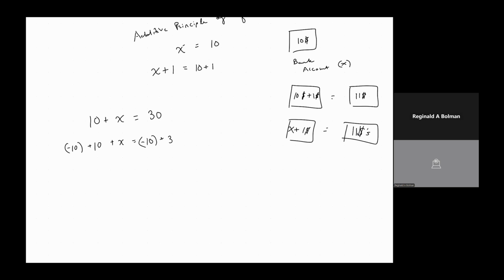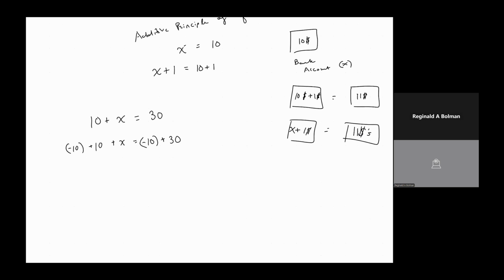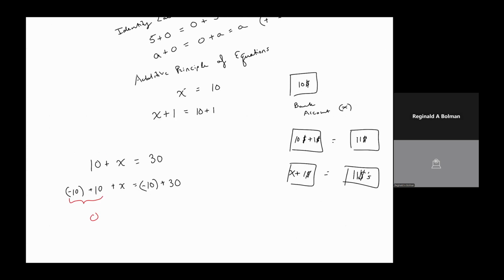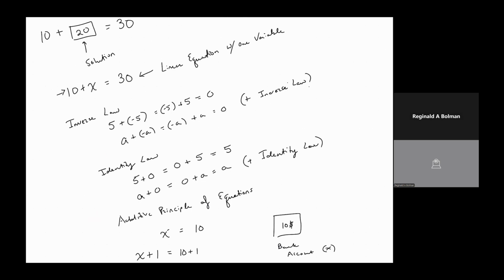If I add the additive inverse of a positive 10, which would in this instance be a negative 10, to both sides of my equal sign, negative 10 plus 10, that is going to be 0 according to the inverse law. Look at what the inverse law says. It says whenever you take a negative term and add it with its positive version, you're always able to obtain 0 at the end of the day.